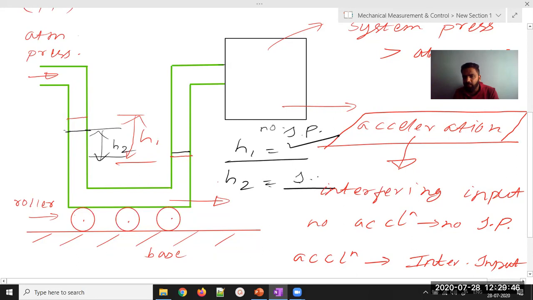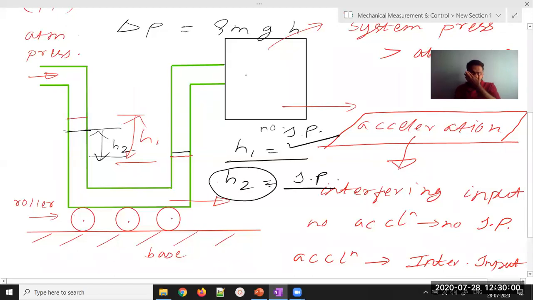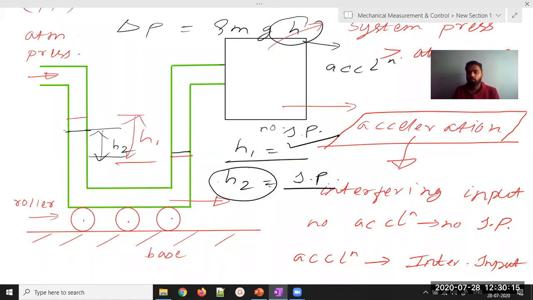And when there is interfering input, I am getting another value of the pressure difference, because we have already covered that delta P is nothing but rho m into G into H. Now this H is getting manipulated due to the presence of acceleration. Such kinds of inputs are called interfering inputs, which are changing my input, and due to the change in input, there is a change in my output.